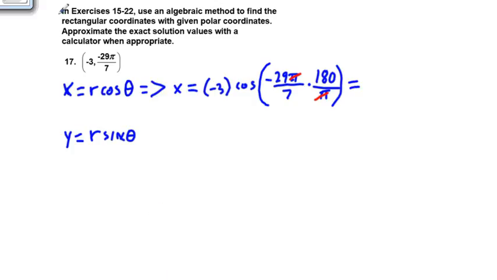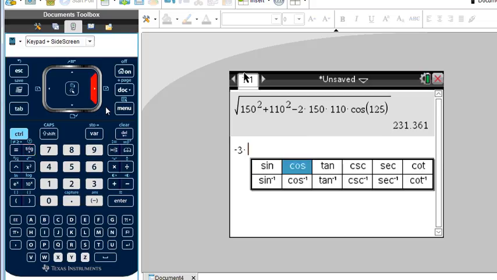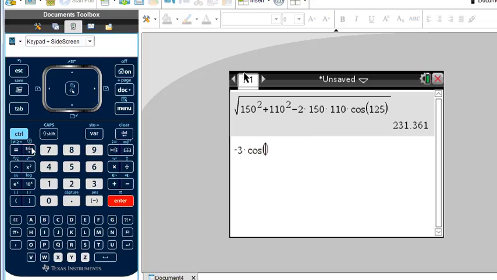We have -3 times the cosine of -29 over 7, and that's going to be times 180.